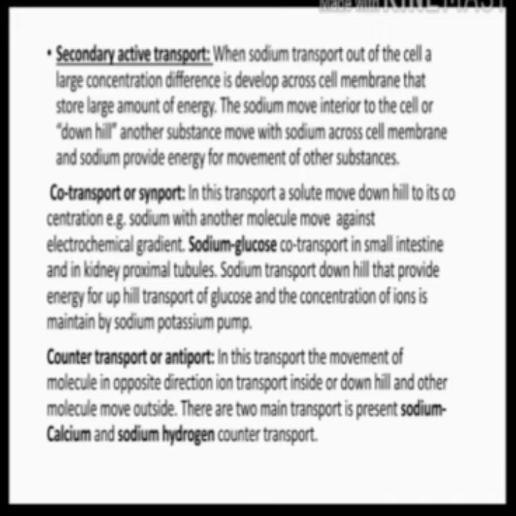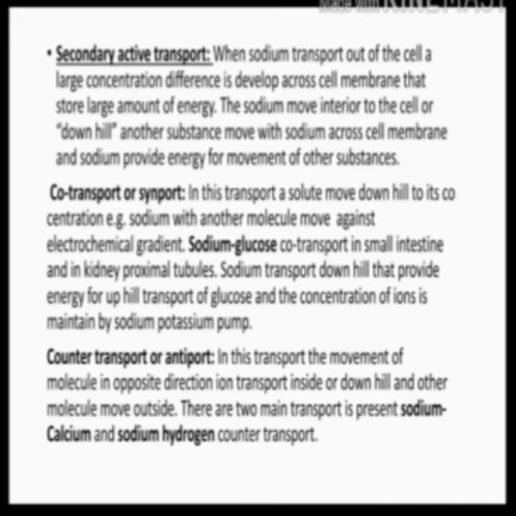In co-transport, movement of solute or sodium occurs downhill to its concentration and another substance is moved behind sodium, in the same direction, against the electrochemical gradient. In co-transport, the example is sodium-glucose co-transport present in the small intestine and kidney proximal tubules.